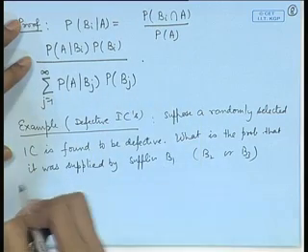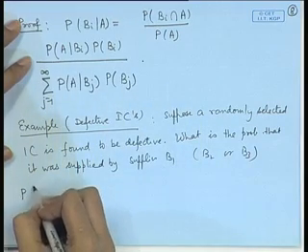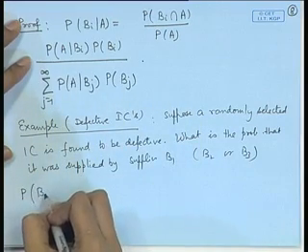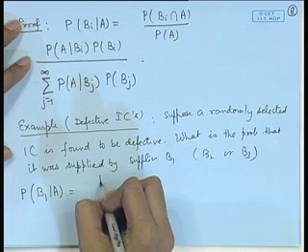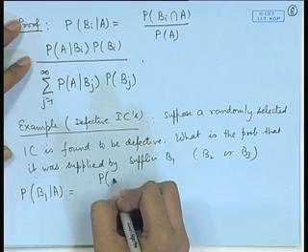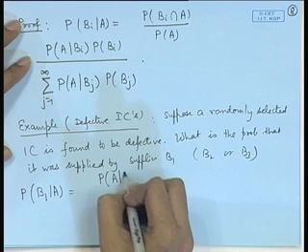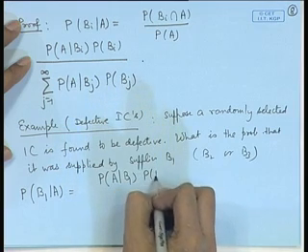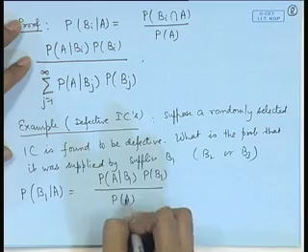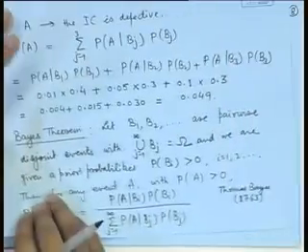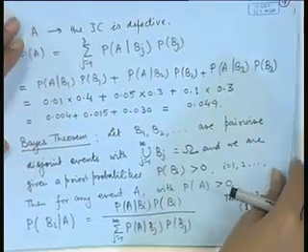Let us look at the first one. In the first one, we are interested in finding out the probability of B1 given A. By the definition of Bayes theorem, it will become probability of A given B1 into probability of B1 divided by probability of A. We already evaluated the probability of A as 0.049.